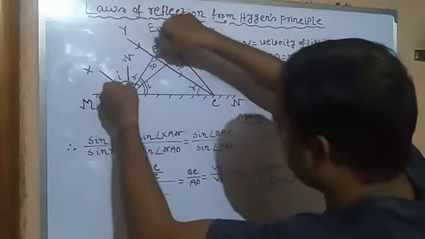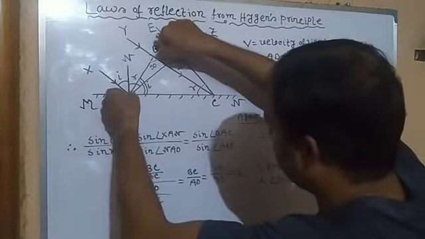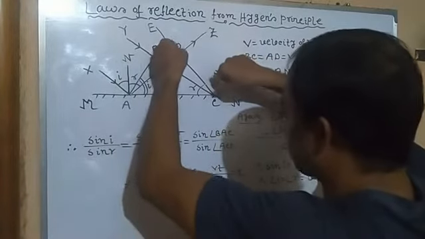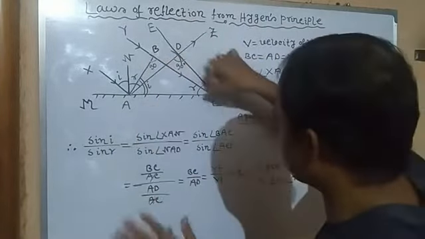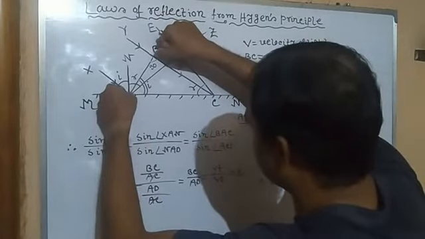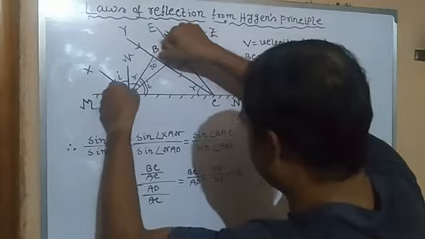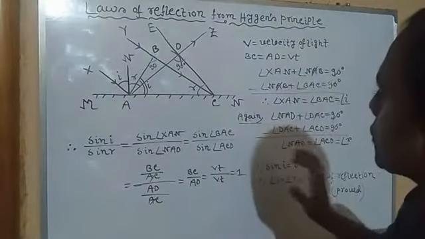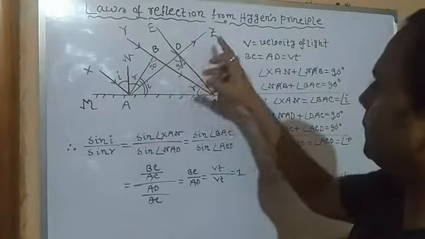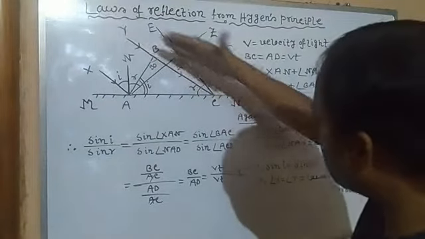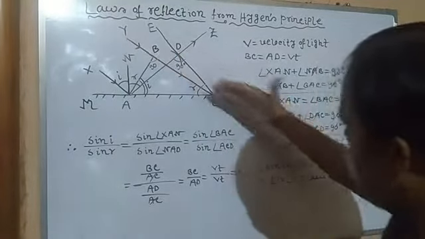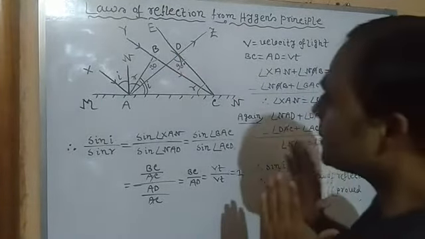So for the plane wavefront, after time t, B reaches C. When B reaches C, at the same time A reaches D. So AD is the reflected light, and XA and YC are the incident light.